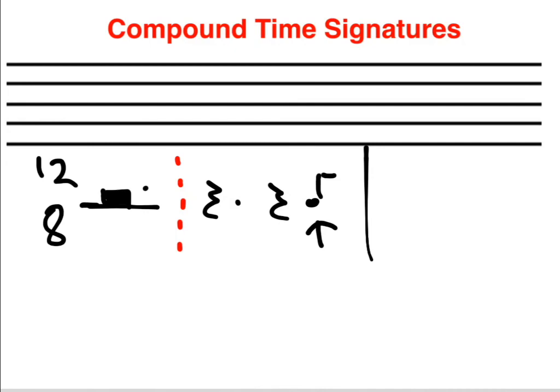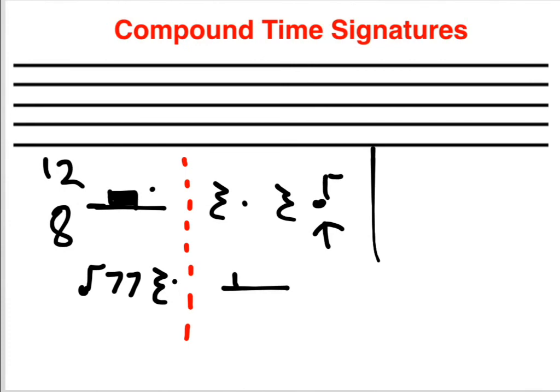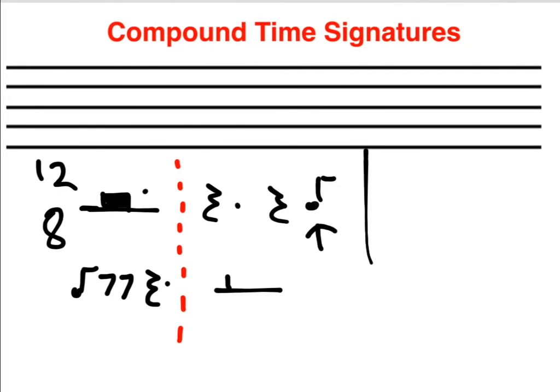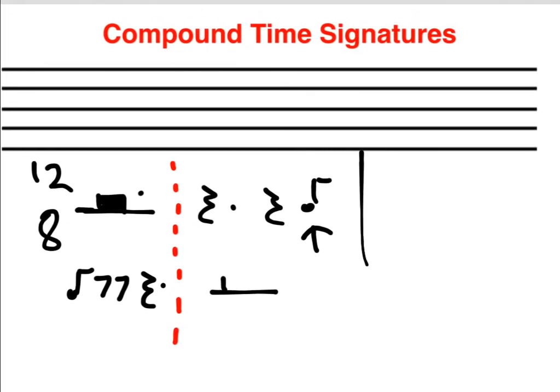I'll just draw that again. So there's your quaver and your 2 quaver rests. There's your dotted crotchet. Okay, there's the halfway part of the bar, and then you'd have your full dotted minim rest to take care of the other half of the bar.